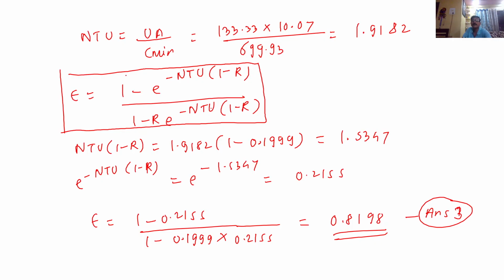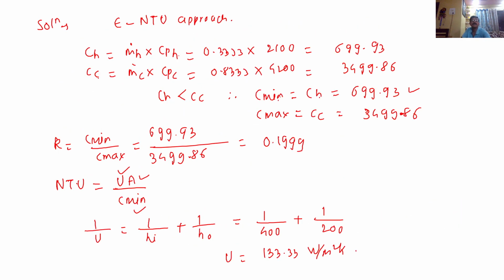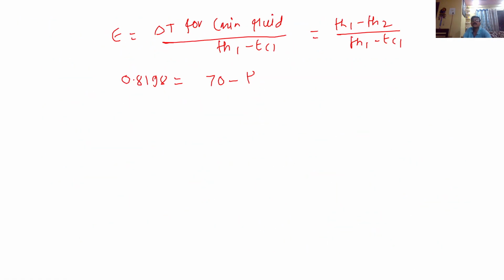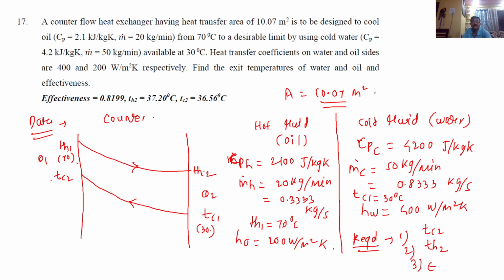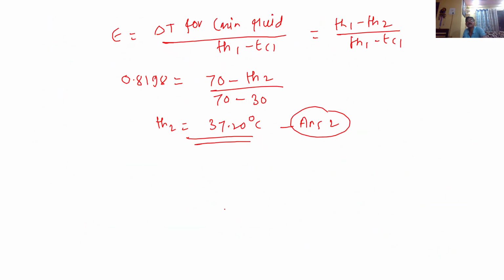So epsilon value I know, 0.8198 equals TH1 is 70 minus TH2, this is unknown, divided by TH1 70 minus TC1, and TC1 is given as 30. If I solve this, TH2 is coming as 37.20 degrees Celsius. So this is your answer 2, the outlet temperature of the hot fluid.